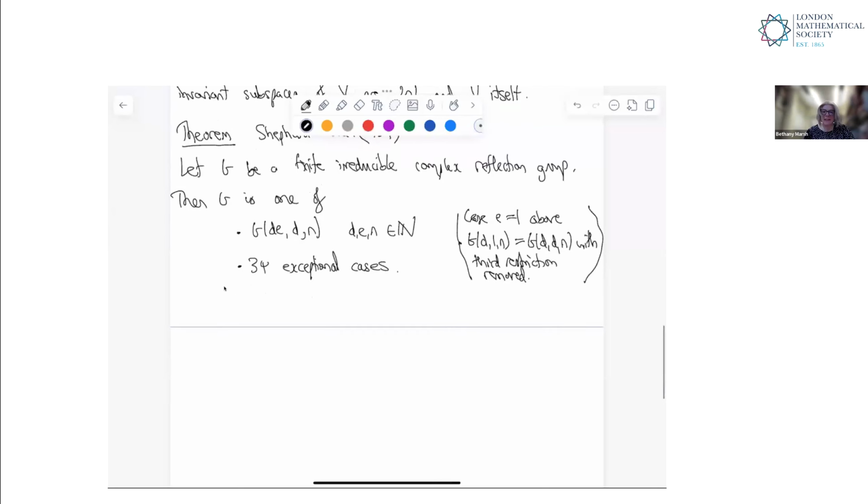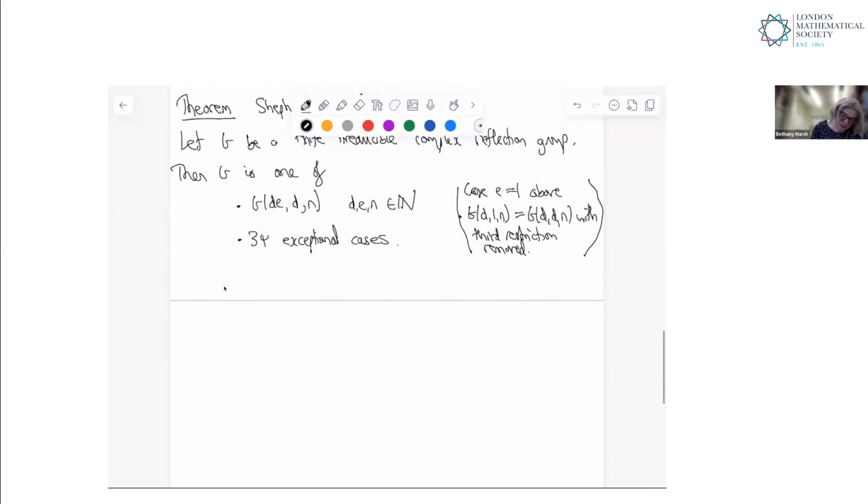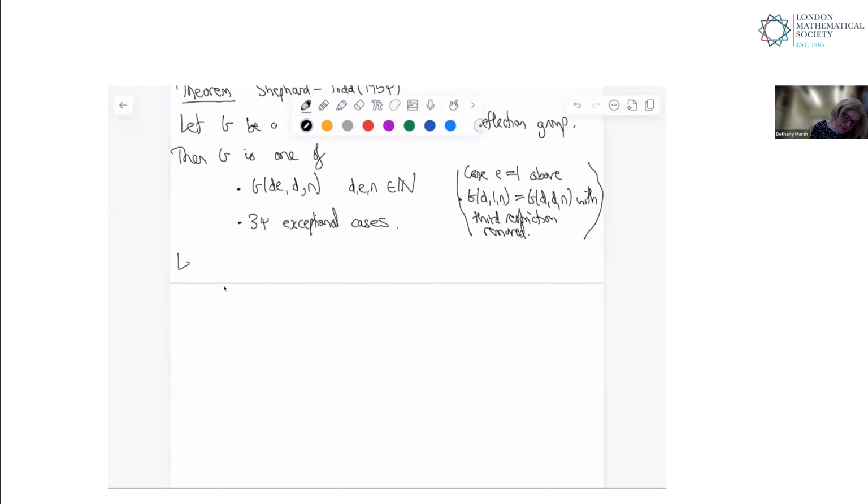Okay, so let's try to analyze. So yes, the question we're looking at is how can we present these groups? So let's take G to be one of these groups. And we might focus on presentations where the generators are reflections, because it's generated by reflections.